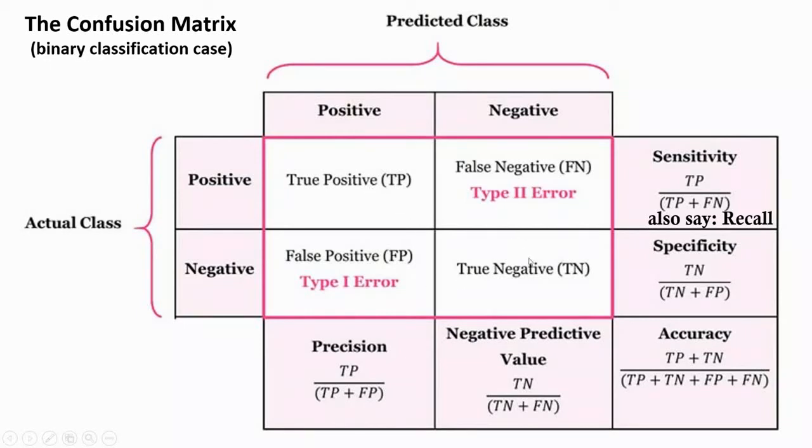So the correct predictions divided by the total predictions will give you the accuracy of your model. Do you understand this? Is there any confusion here? What is accuracy? It's clear.